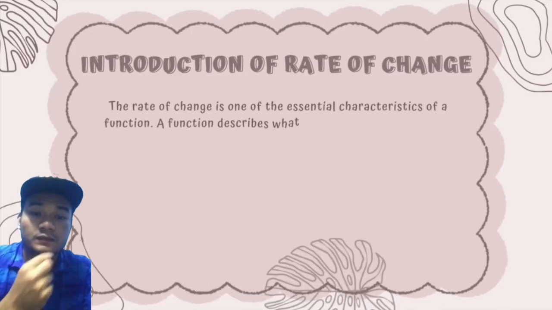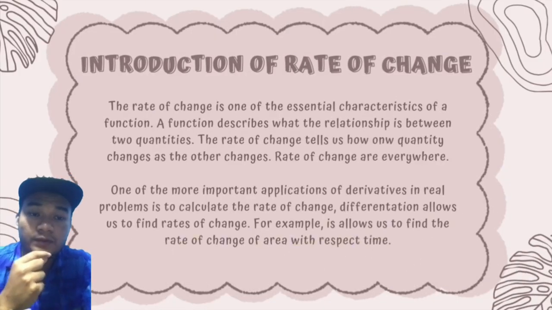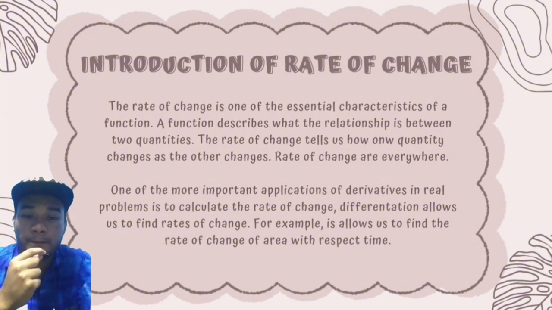Okay, I want to introduce rate of change. The rate of change is one of the essential characteristics of a function. A function describes the relationship between two quantities. The rate of change tells us how one quantity changes as the other changes. Rates of change are everywhere.